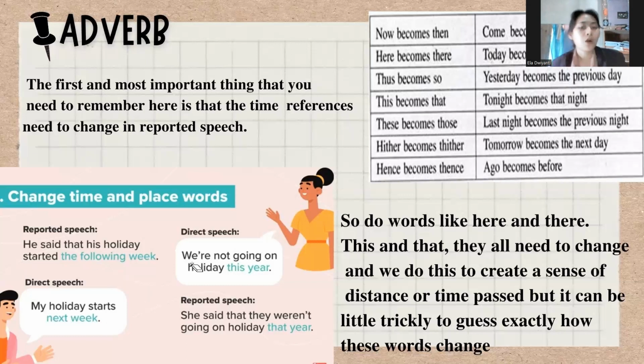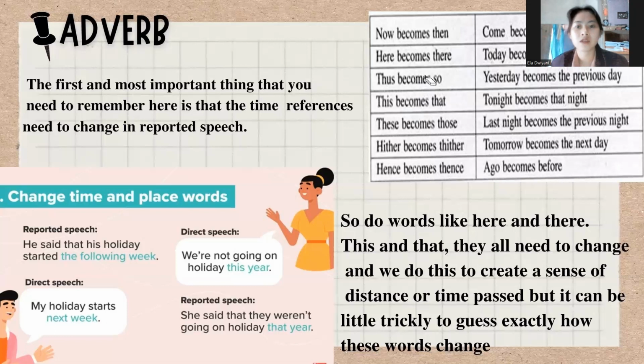Okay, so do words like here and there, this and that. They all need to change, and we use these to create a sense of distance or time passing, but it can be a little tricky to guess exactly how this will change.